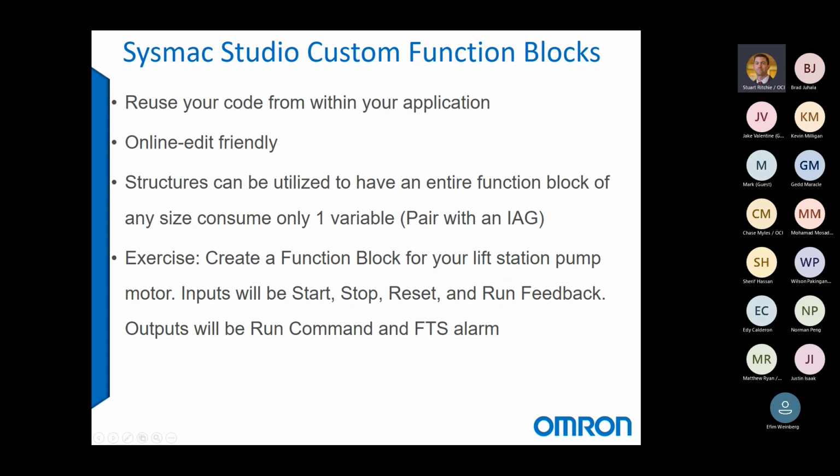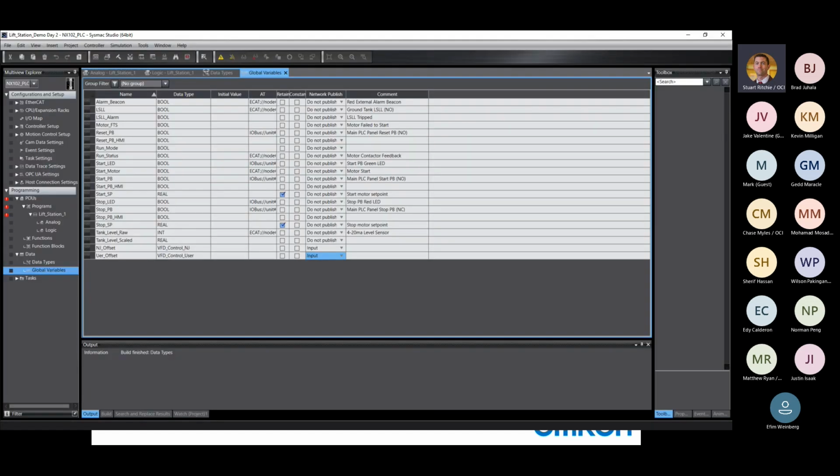So I'll get everyone to go into Sysmac, and under programs, we have function blocks at the bottom. I'll get everyone to right click on function blocks and choose add ladder. And then we can rename that motor control.